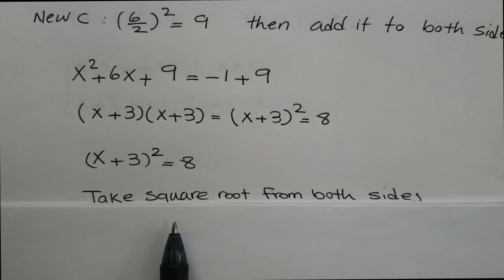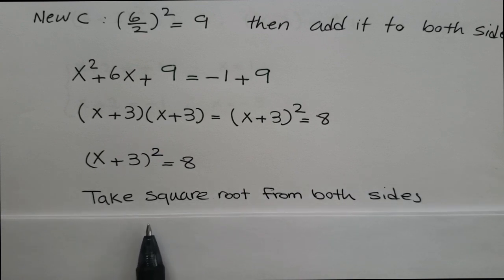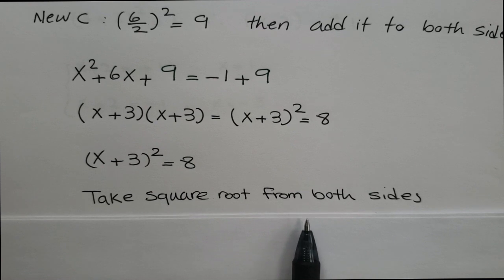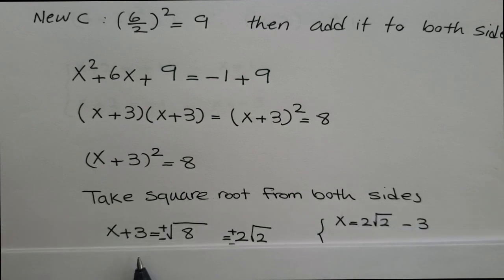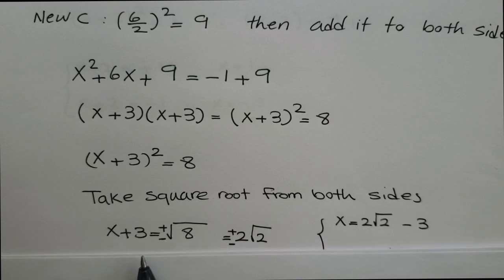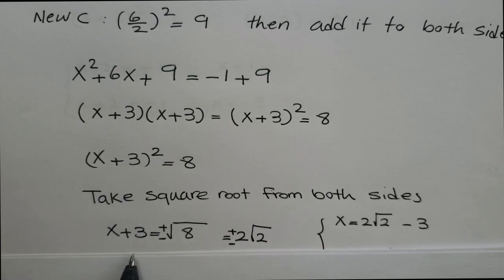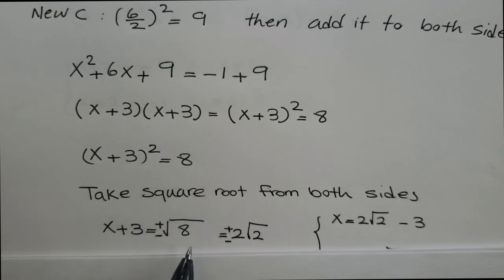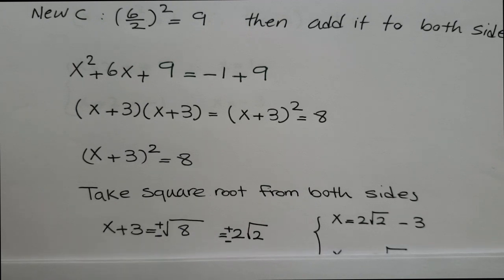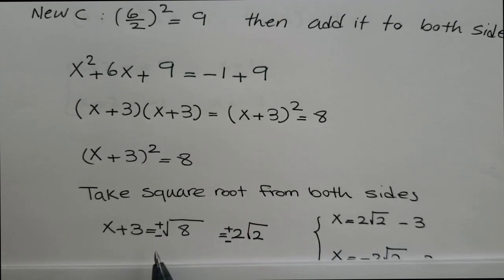In order to find the answer, we take the square root of both sides. But here I want to introduce another rule. When you take the square root of one side, the other side should be plus and minus. So the square root of this side is x plus 3. The square root of this side is radical 8, but don't forget the plus and minus sign.